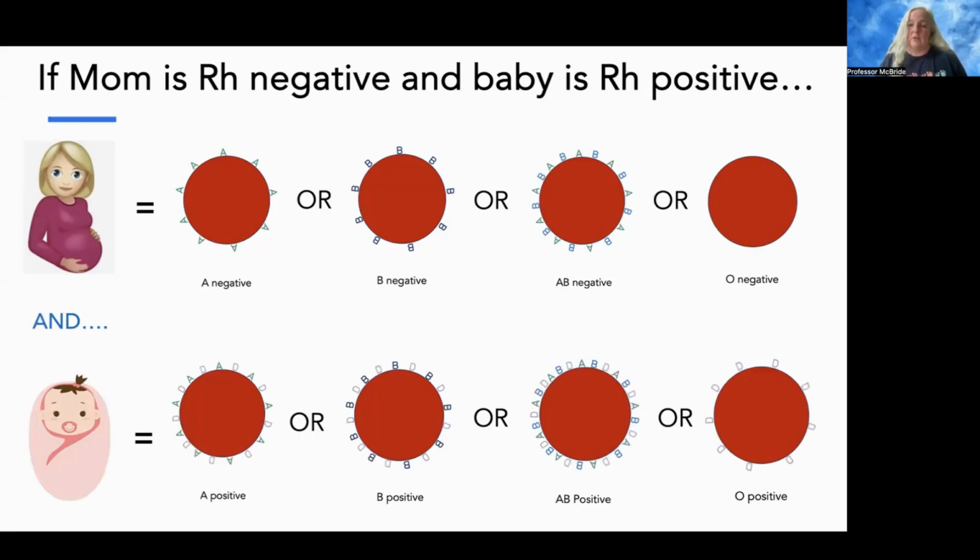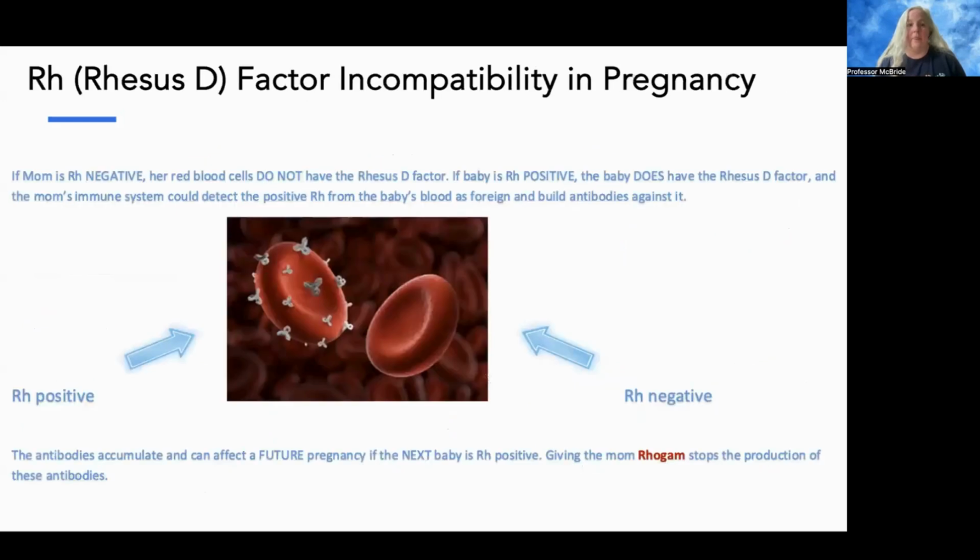So you can see when you look at it lined up like this, you can see the difference. Well, mom's body notices the difference as well. So if perhaps mom's body sees the baby's blood type, which can happen most often during childbirth, but sometimes with trauma and things like that as well, the mom's body looks at that D factor as foreign and can build antibodies.